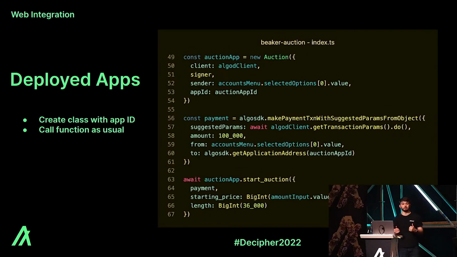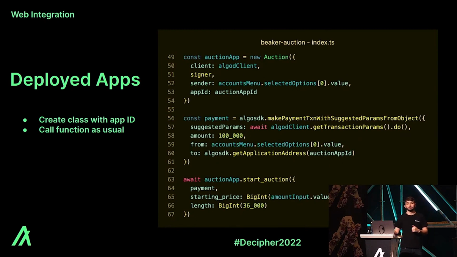With a Beaker application client, it's not just used for creating a brand new application. It can be used to interact with an existing application, provided you know the application ID. So here, that's what we're doing. We're telling this auction class that this is the app ID that we want to interact with when we're calling methods on it.